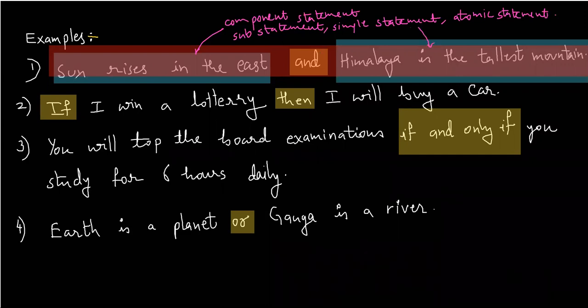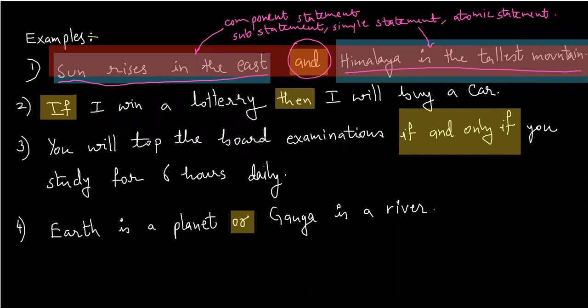Now, if I ask you, sun rises in the east and Himalaya is the tallest mountain. In this, how many statements do you have? So you can simply say there are two statements. These are two simple statements which I'm joining using "and". So in totality, this becomes a compound statement.